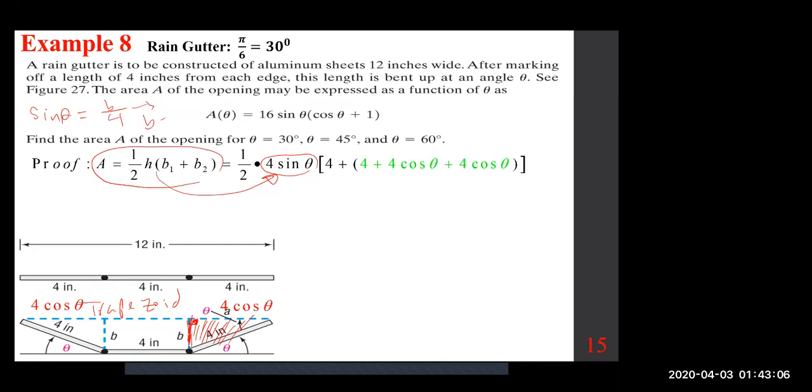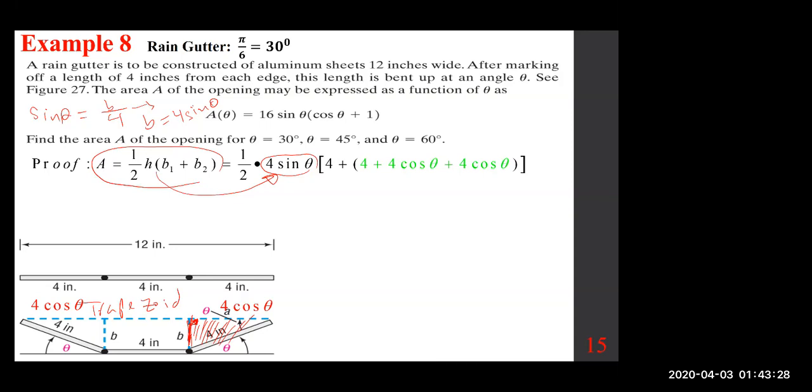And so b is 4 sine theta, which we are calling h, the height of the trapezoid. So that's how we arrive at it.